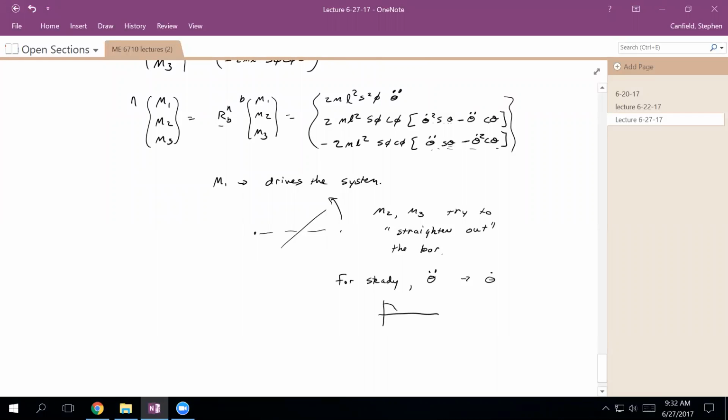So you're going to get a cosine theta term, you're going to get a sine theta term, and you're going to see these in your moments. So you're going to have these driving terms that are going to be sinusoidal inside your moments, and these will give excitations to your system. So for 3D, you see that. We saw that in 2D problems, and here you clearly see it in 3D problems. It's going to happen about all the axes.